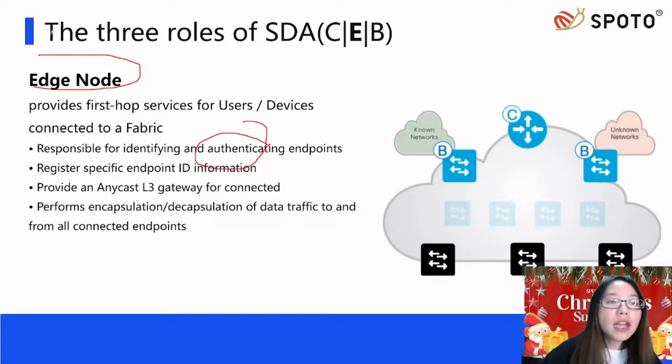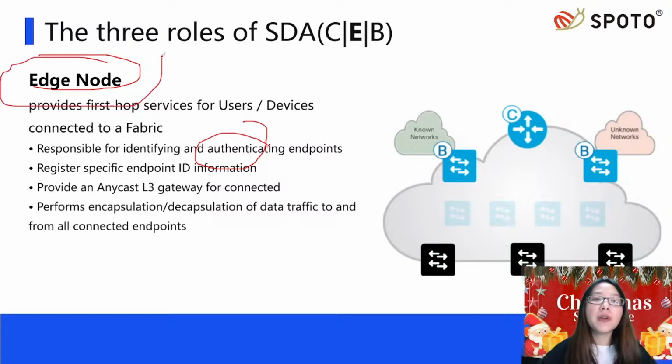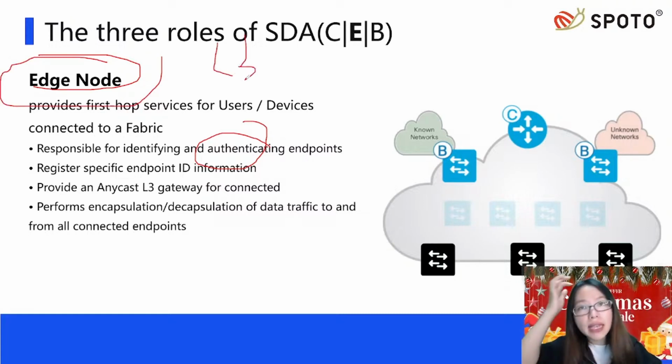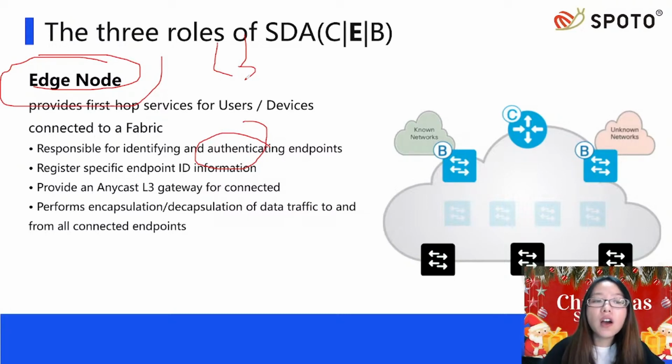Also, the edge node provides the anycast L3 gateway for connected endpoints, and it also performs encapsulation or decapsulation of data traffic to and from all connected endpoints. So that's our edge node.